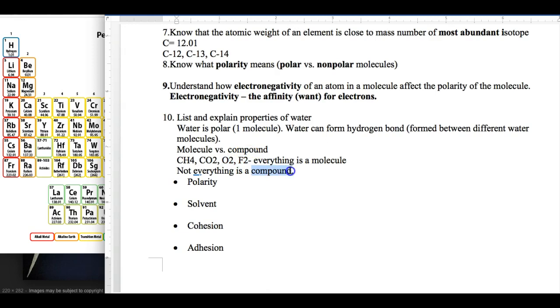In order to have a compound, it has to be composed of more than one element. So CH4, for example, is a molecule because everything is a molecule, but it's also a compound. So CH4 is a molecule and a compound. CO2 as well because we have 2 different elements, even though we have 3 atoms. It's both a molecule and a compound.